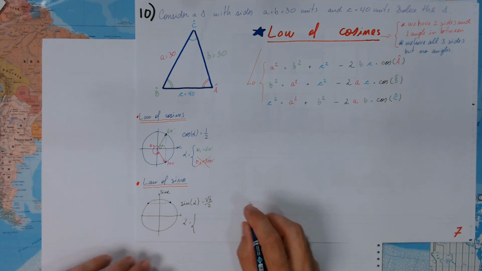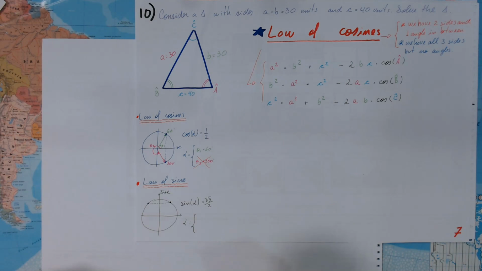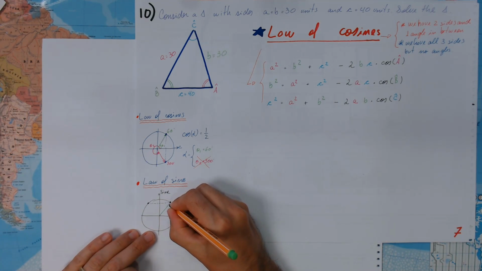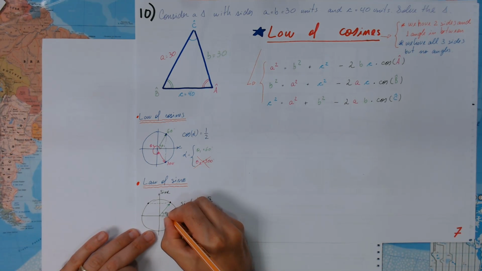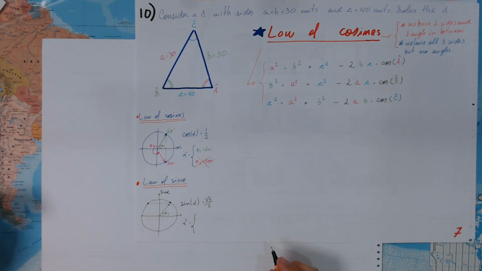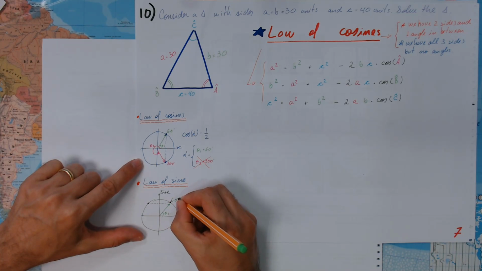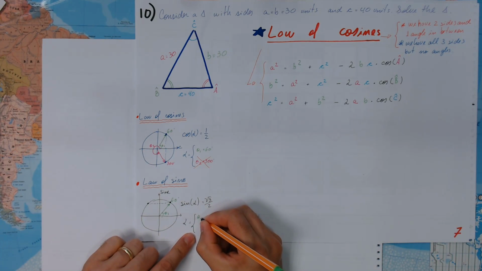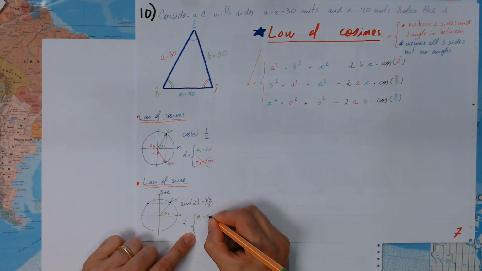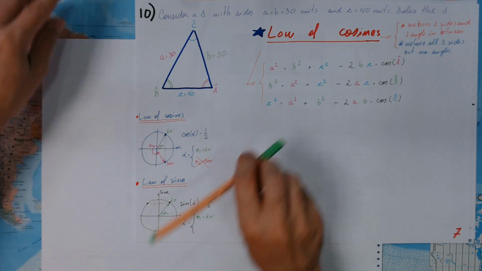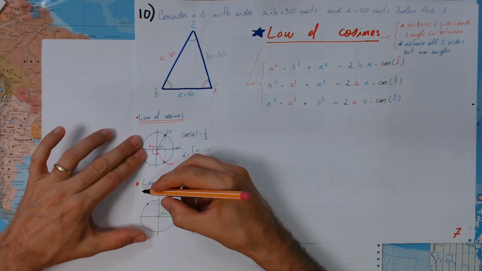So let's put the first one. This is going to be the first angle, and let's call it theta 1, and theta 1 is going to be 60 degrees. And the other angle is going to be that one.